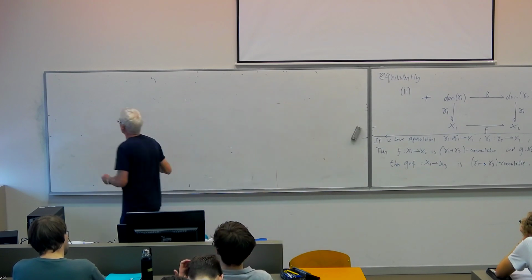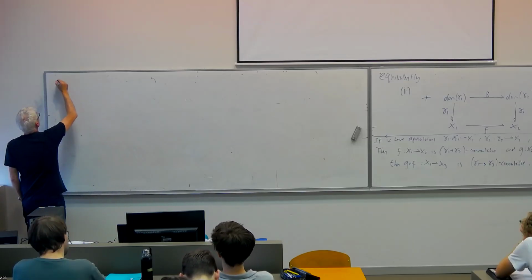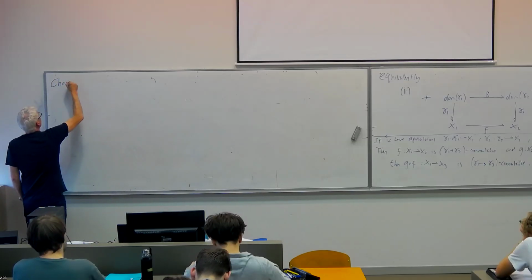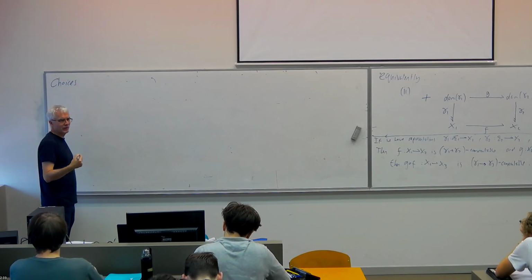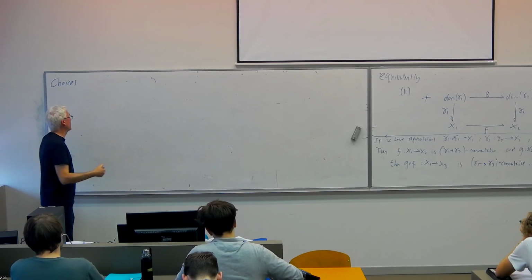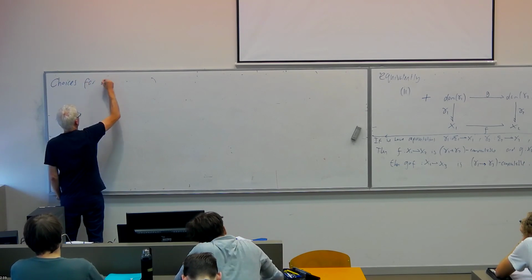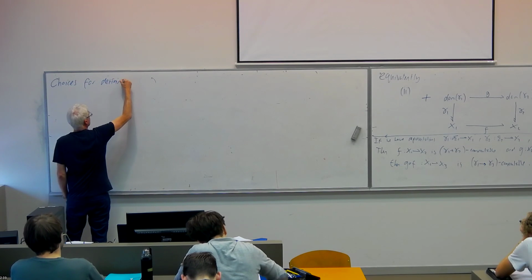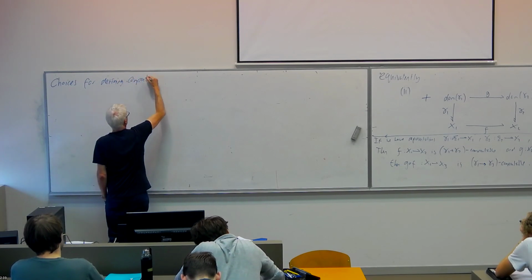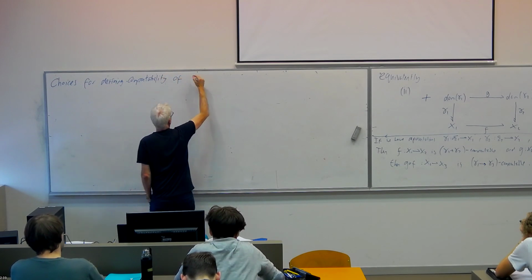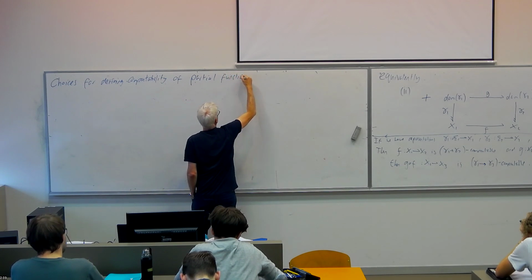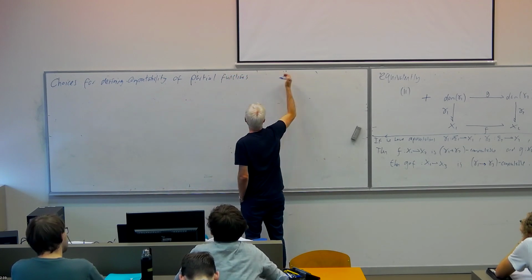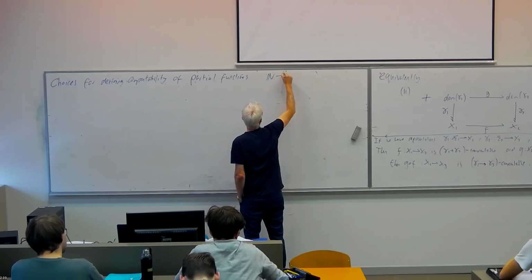So let's just think what we could do for the natural numbers. We have actually various choices for how we define computability of partial functions between the natural numbers.